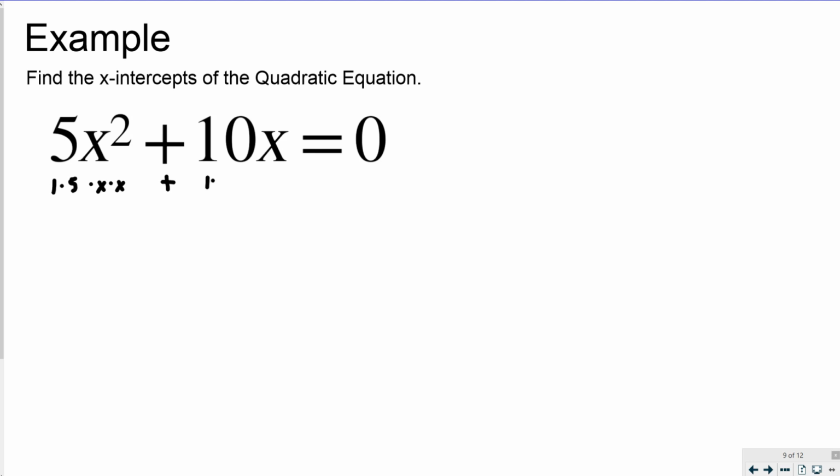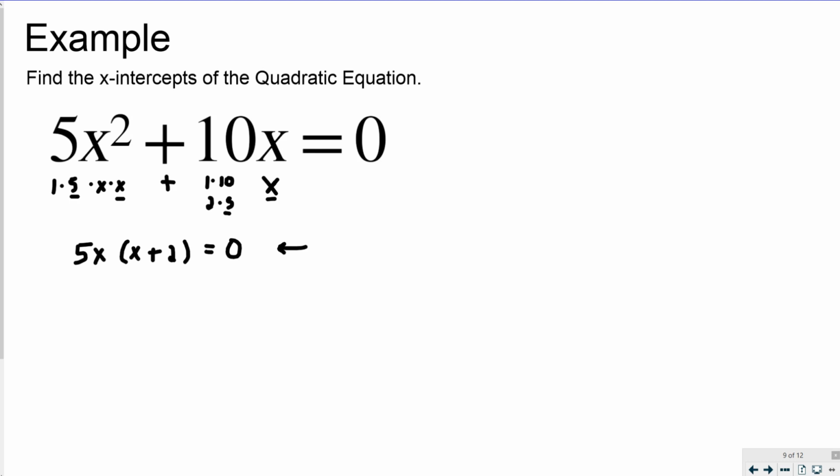For 10, it would be 1 times 10, 2 times 5, and we have an x over here. So they each have one x in common, and they each have a 5 in common. So we're going to rewrite it as the greatest common factor, 5x, times the leftovers here, x, and then x plus just the 2 equals 0.